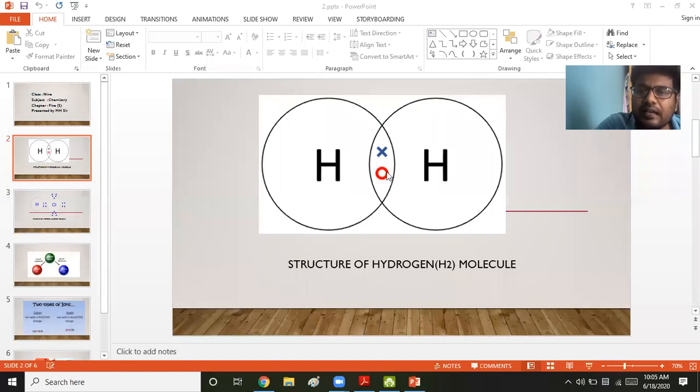That's why the color is different. One electron from one hydrogen atom, another electron from another hydrogen atom. By this way, they can make a bond and they can produce this H2 molecule.